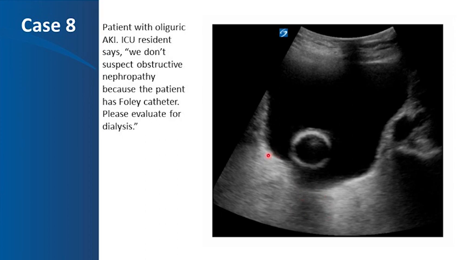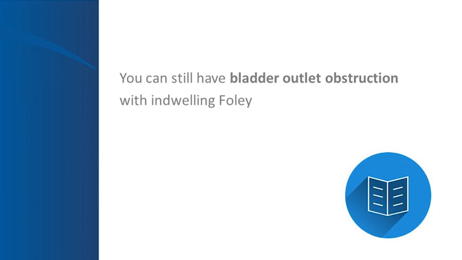And then if you see a distended fluid-filled structure here, that could be a bladder if you put the Foley catheter in the vagina in a female patient. Or sometimes you see an irregular fluid collection outside the Foley. That might be pelvic ascites. So the take-home point from this case is that you can still have bladder outlet obstruction with an indwelling Foley. Don't assume things.